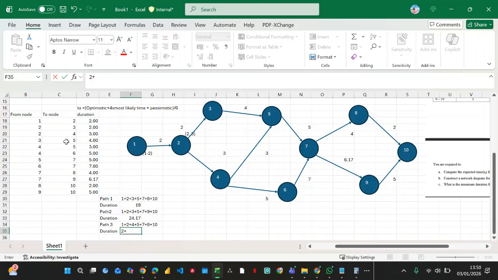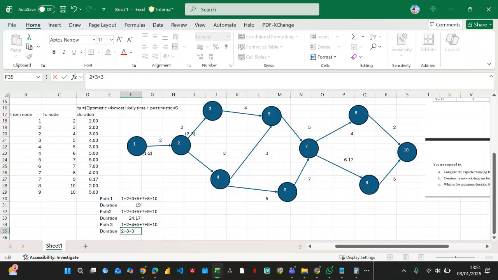What's this 3 for you? 2 plus 3, yes. 1 to 2 is 2. 2 to 3 is 4. 2 to 4 is 3. Okay, it's 3. Then I have to 3, then plus 3 again.